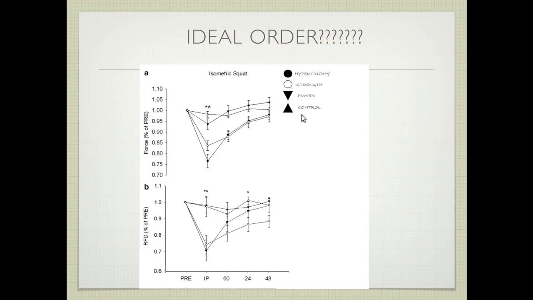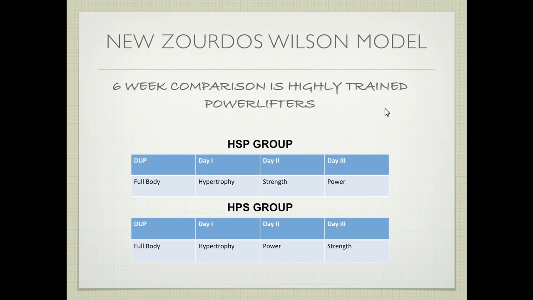So basically what it means is that if you were to train for hypertrophy Monday and then go train for strength on Wednesday, you might still be sore, your strength might still be low, and your strength wouldn't be ideal. But if you trained hypertrophy Monday and then power Wednesday, by the time you get to Friday, you'd be where you want to be.